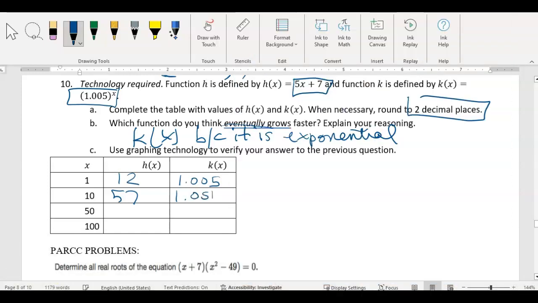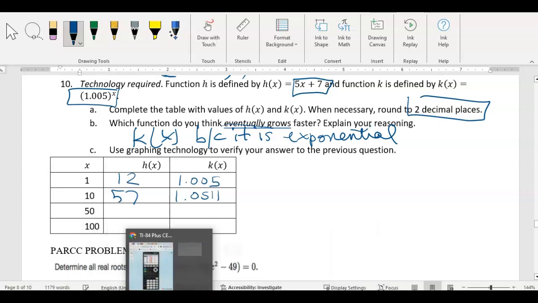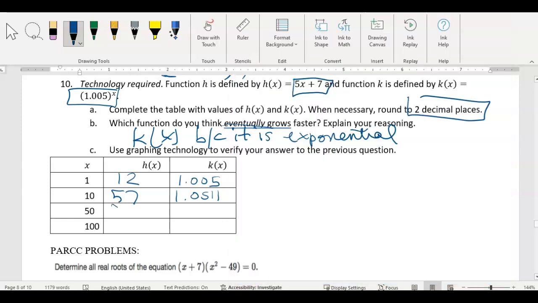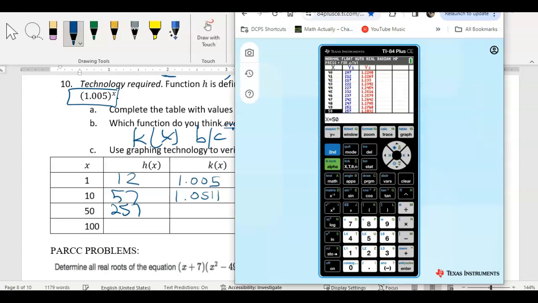And then 50, so I have to tap it each time apparently to scroll down on this one. 50 is 257, and the other one is still smaller at 1.2768.